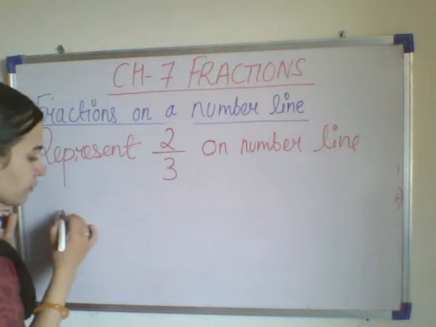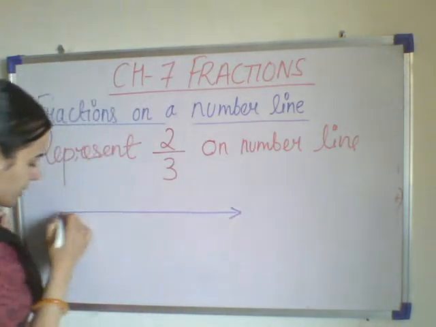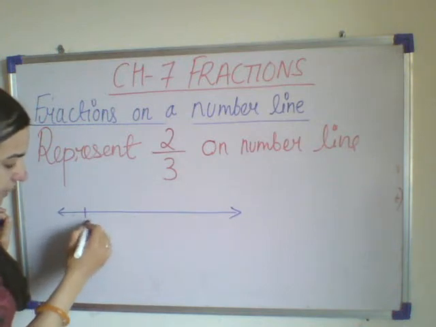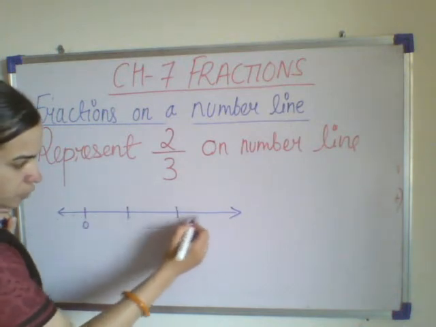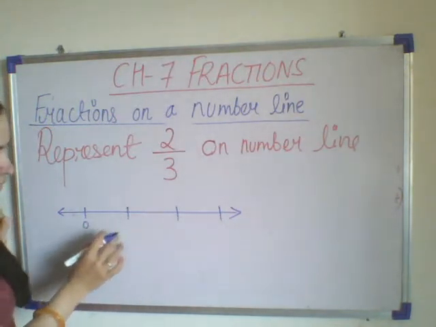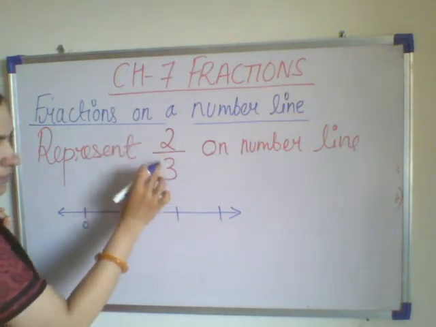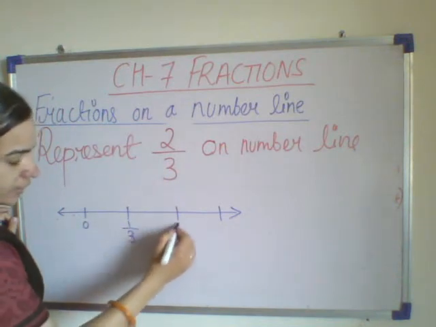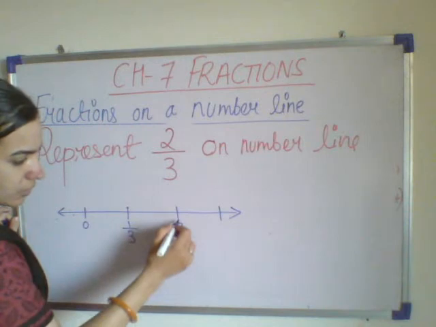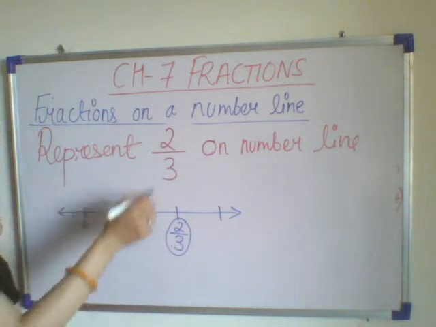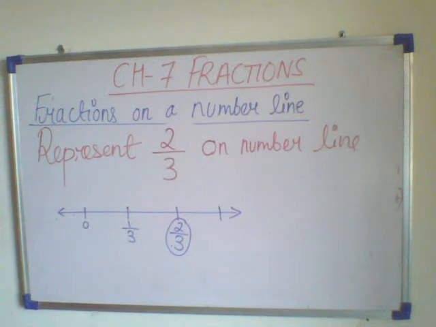So first of all we will be drawing a line. We will be dividing this line into 3 equal parts. This is 0, 1, 2 and 3. We have divided it into 3 equal parts. Now we have to represent 2 upon 3. So this point will be 1 upon 3. This will be 2 upon 3. So this point is 2 upon 3 on the number line.